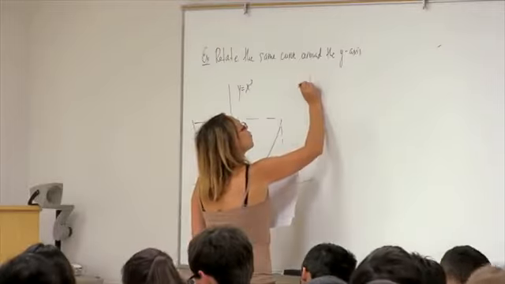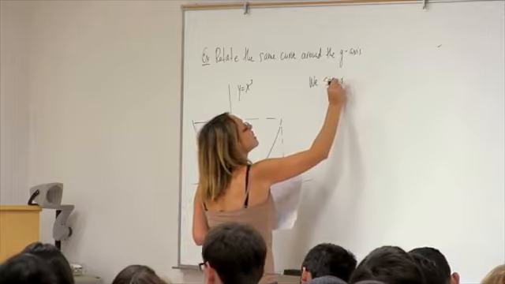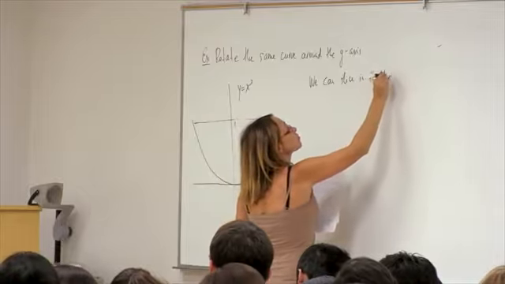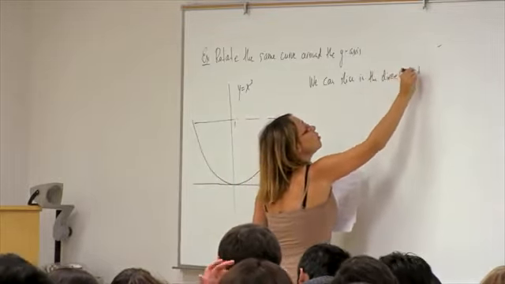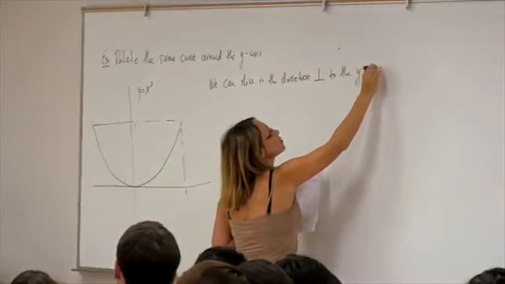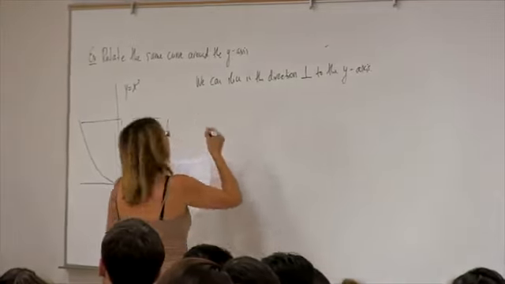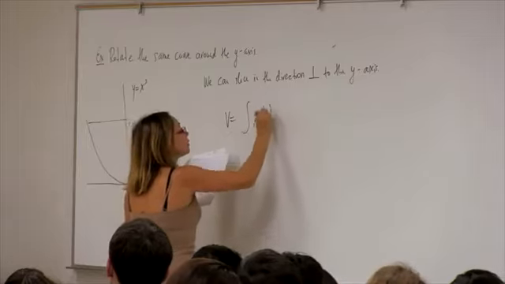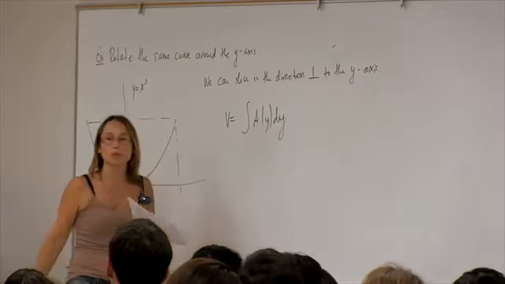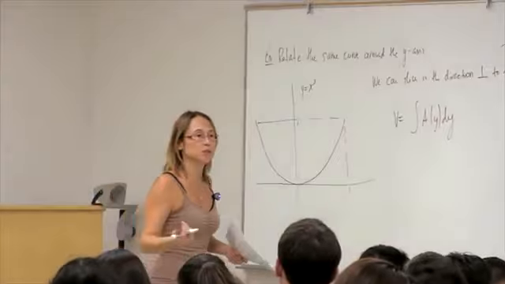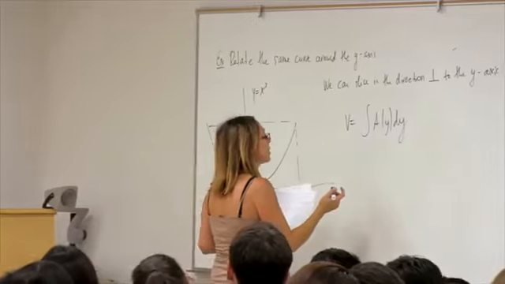So we can slice in the direction perpendicular to the y-axis. So the volume will be given by the same formula, only in terms of y. And we need to figure out the radius and the area of each intersection for each point y.